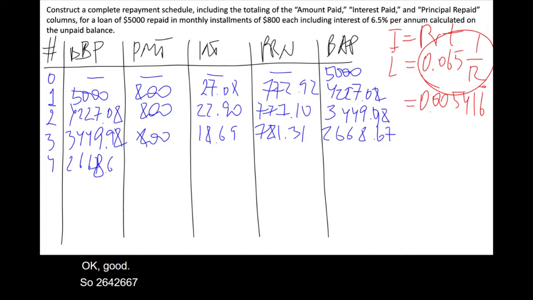2668.67 times I. So 800 payment, 14.46. So 800 minus 14.46, 785. Wait a minute, what's happening?